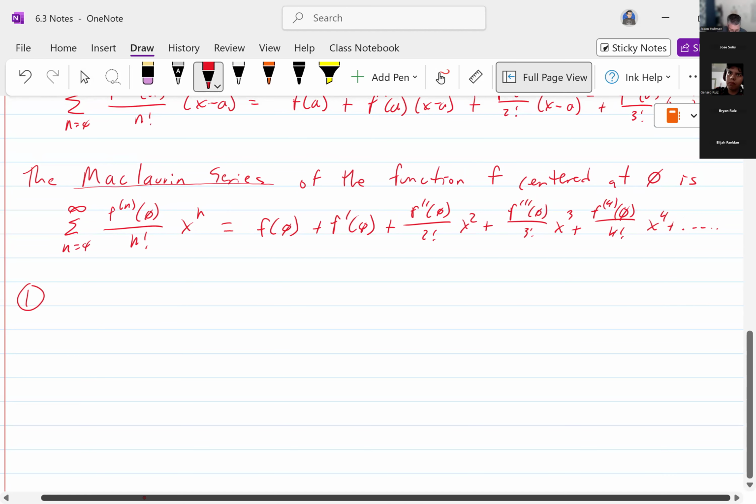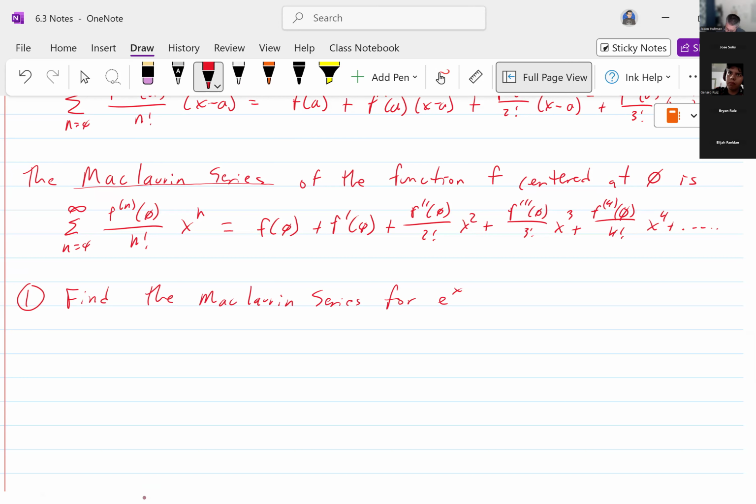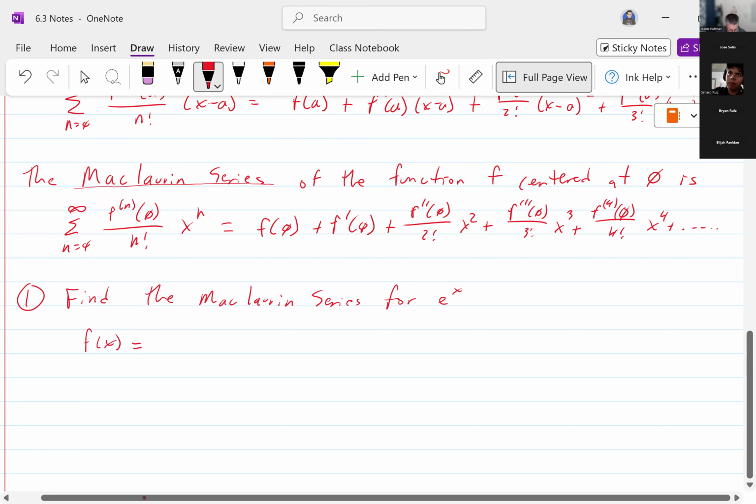Okay. Number 1, find the Maclaurin series for e to the x. Okay, f of x is equal to e to the x. So let's find the derivatives of e to the x.